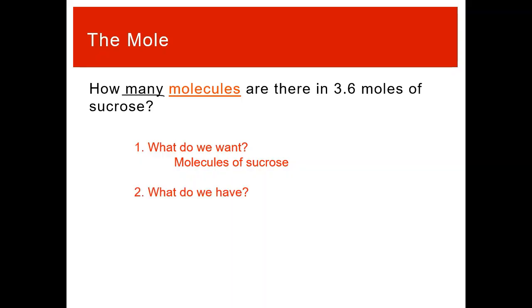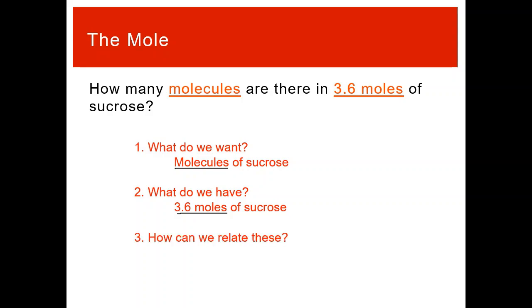What do we have? Moles. Okay, so we want how many molecules? That is going to be an absolute count, total individual number of molecules. And currently, it's represented by groups of molecules. A mole is a counting unit. So when we want to ask how can we relate these, it's going to work in the same way as when we related individual bagels to dozens of bagels, right?